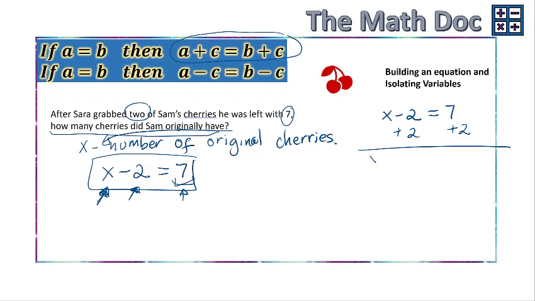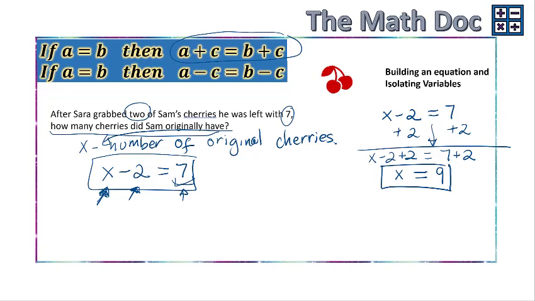We have x minus 2 plus 2 on the left equals 7 plus 2. Why is it equal? Because we've added the same number 2 to both sides. So x minus 2 plus 2 is just x because the minus 2 and 2 cancel, and x equals 9.